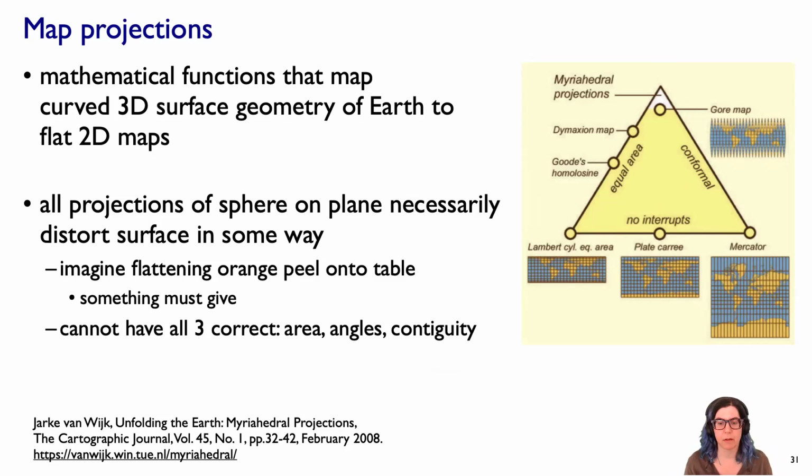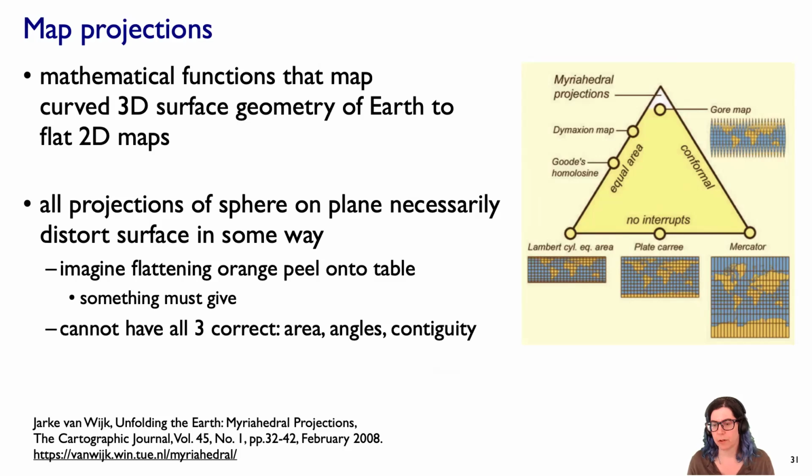But it is mathematically impossible to have all three at once. And so the space of possible maps has been heavily, heavily explored. There's a lot of discussion of the choice of should you have your area correct of your geographic regions or your angles correct. But there are also a lot of map types that give up on contiguity.